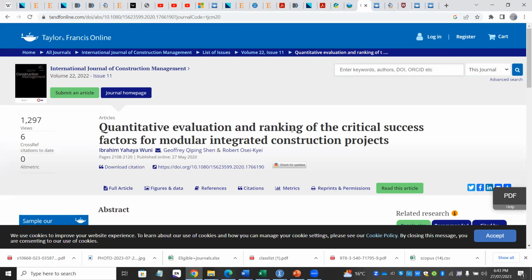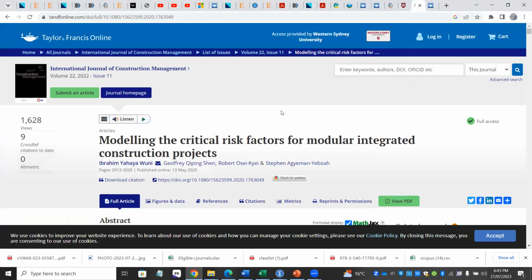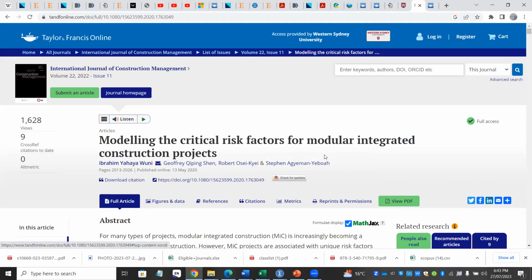When I checked this paper and then a similar paper that Dr. Wuni also wrote, it seems the approach that was used is similar. So I decided to use this one, which is also almost the same paper, modeling the critical risk factors for modular integrated construction projects.